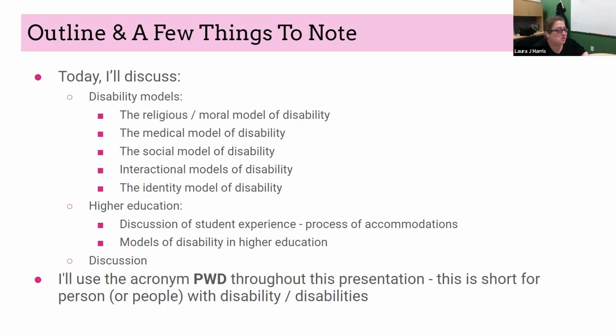When I was doing my research, I discovered there are quite a few different models of disability, but I think these are the big ones, and I'm going to discuss how some related models connect to these as I discuss each of them. After that, we will discuss higher education, basically the student experience of getting accommodations, and then we'll talk about how these models of disability are either seen or not seen in higher education.